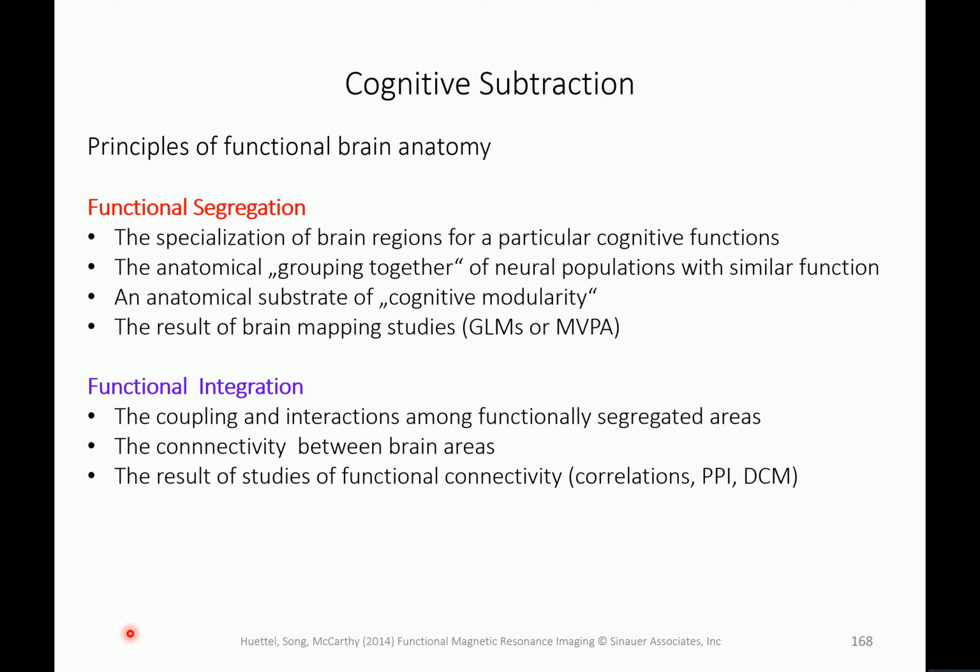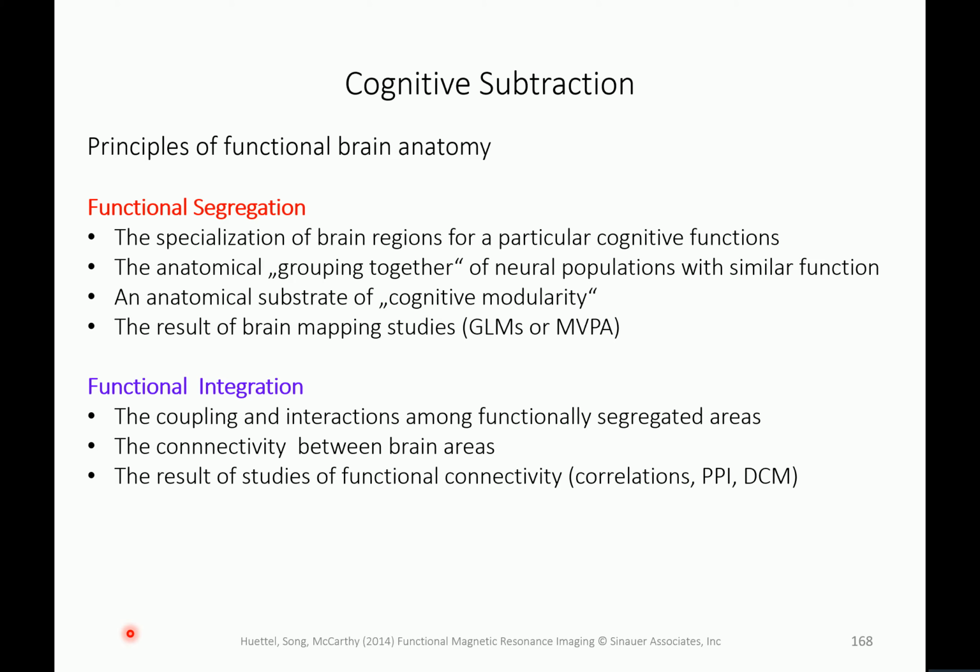But essentially the result of a GLM analysis of the brain, where you get these blobs that you've seen in your papers, or the result of a classifier analysis with some regions of interest, is that certain areas of the brain are specialized in something, or at least in representing some external information, or even weaker, some brain areas correlate more, or are stochastically more associated with certain things than with others.